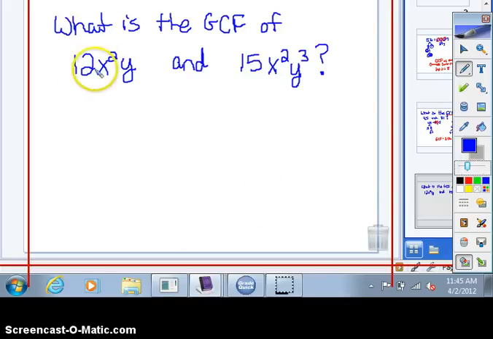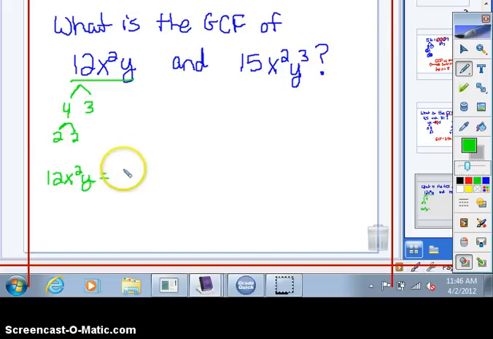Well, if we want to talk about doing the common factors of 12x squared y, first of all, how does 12 split up? 4. 4 times 3, and then 4 splits into 2 times 2. So 12x squared y is equal to 2 times 2 times 3. What does x squared mean? X times x, and then we have a y. That's my prime factorization of 12x squared y.